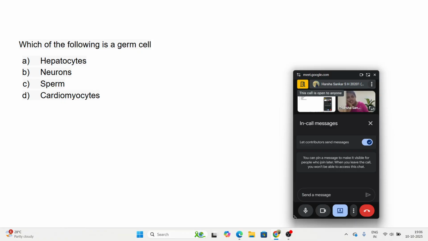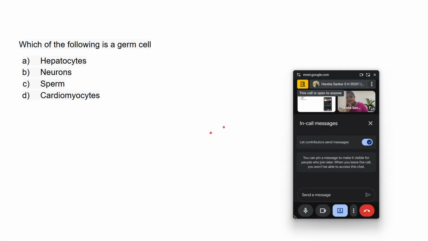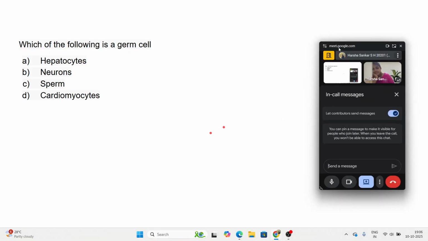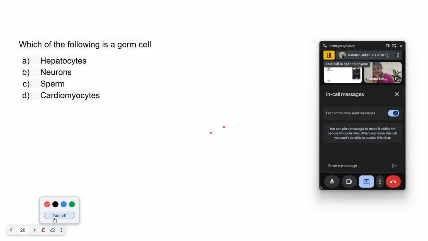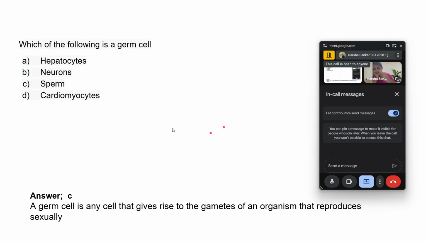So sperms in males and eggs or ovum in females. So what is a germ cell? A germ cell is any cell that gives rise to an organism, the gametes of an organism that reproduces sexually.